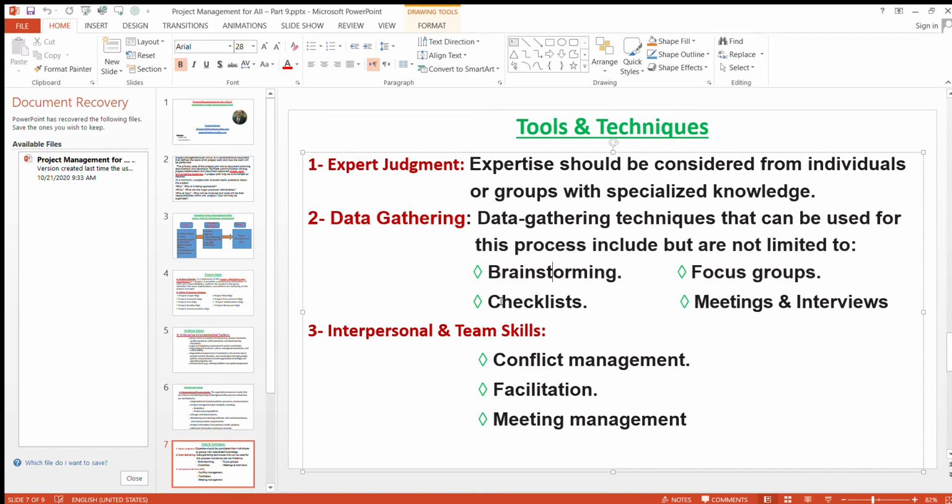The checklists. Many organizations have standardized checklists available based on their own experience, or use checklists from the industry. A checklist may guide the project manager to develop the plan or may help to verify that all the required information is included in the project management plan.